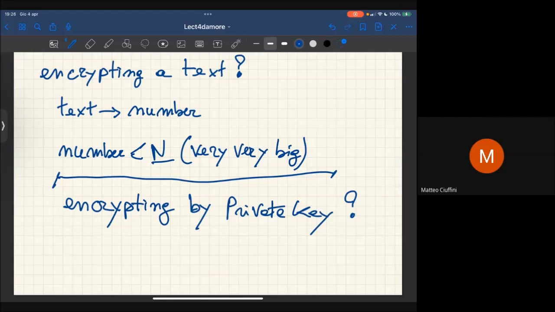Because we have seen that if we encrypt by means of a private key, everybody can decrypt, because everybody can use the corresponding public key for decrypting the ciphertext. So we don't get confidentiality.